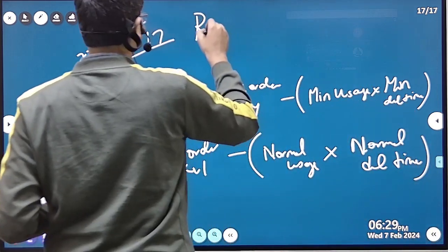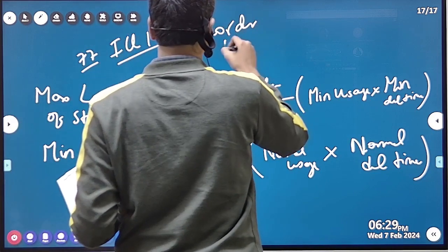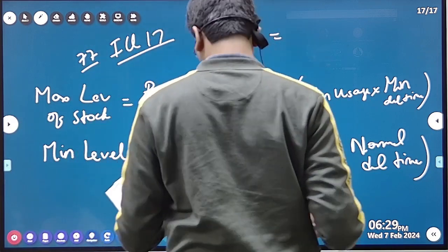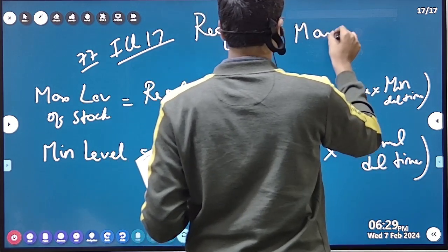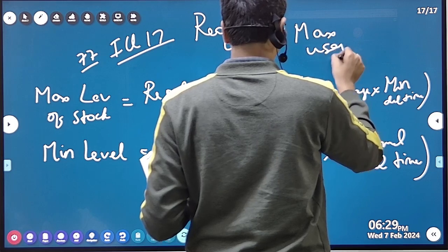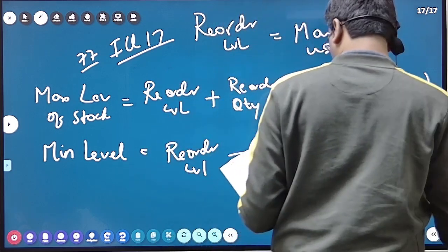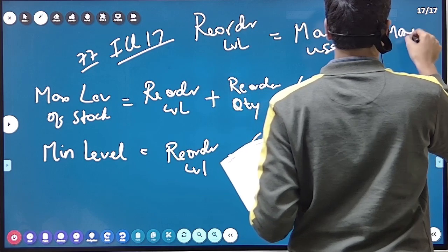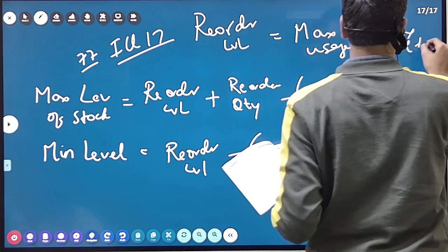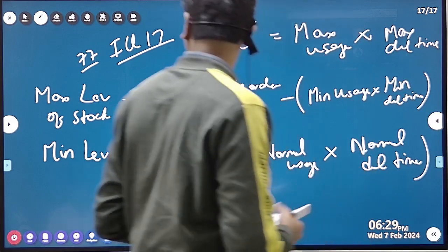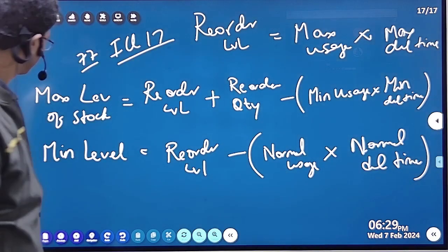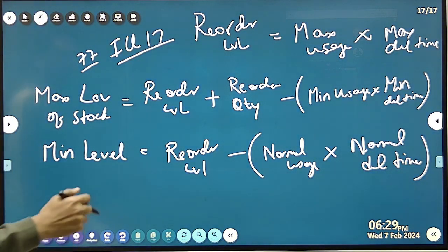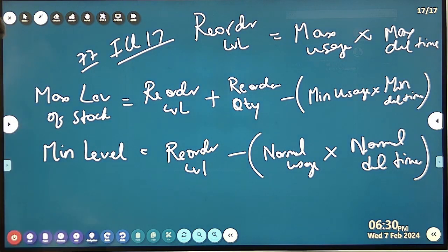And reorder level is equal to maximum usage into maximum delivery time. Okay. These are your formulas. You can make a note of them.